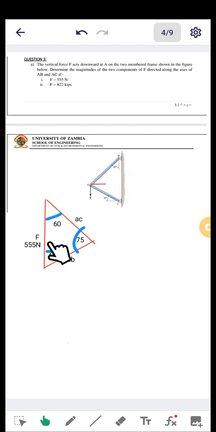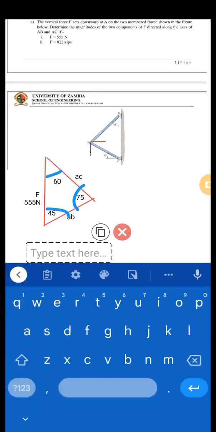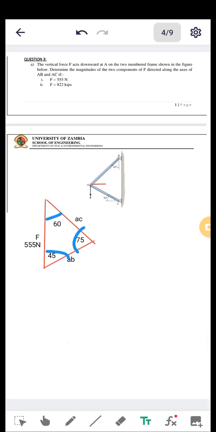I'm sure you're able to understand that we can use the sine law, because you have an angle and the force. So we have force AC, and we are trying to find AC.